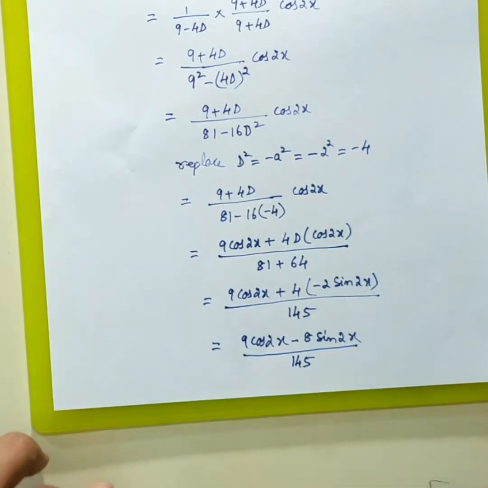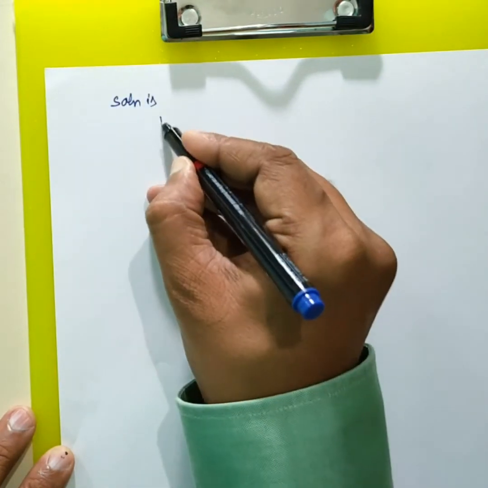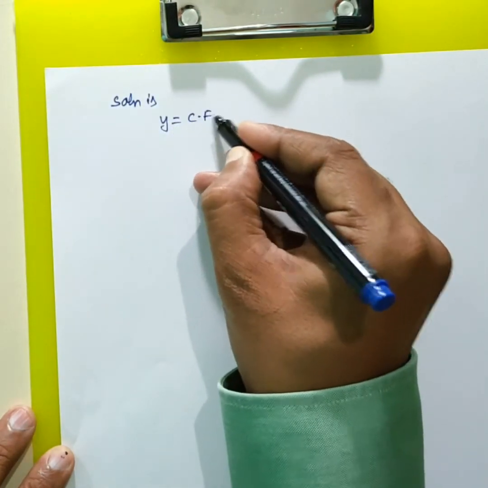Now we'll write down the final solution. Therefore, the solution is y equals CF plus PI.